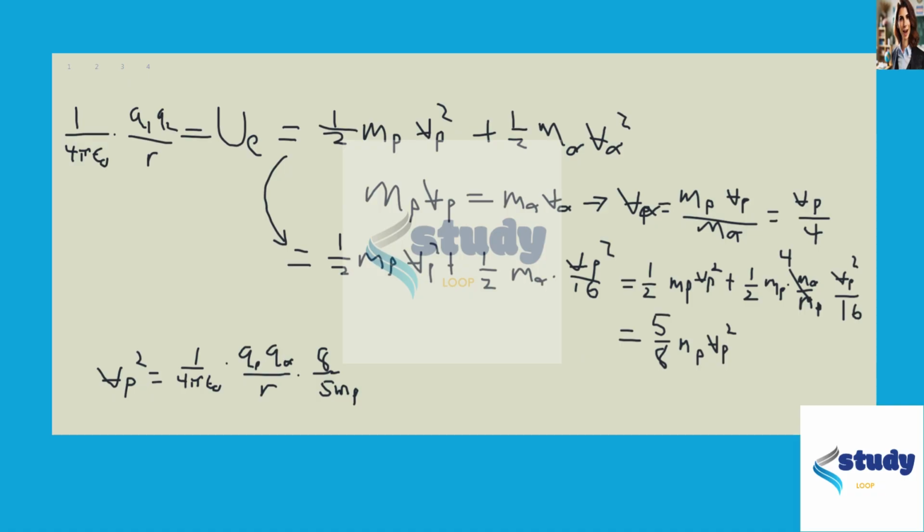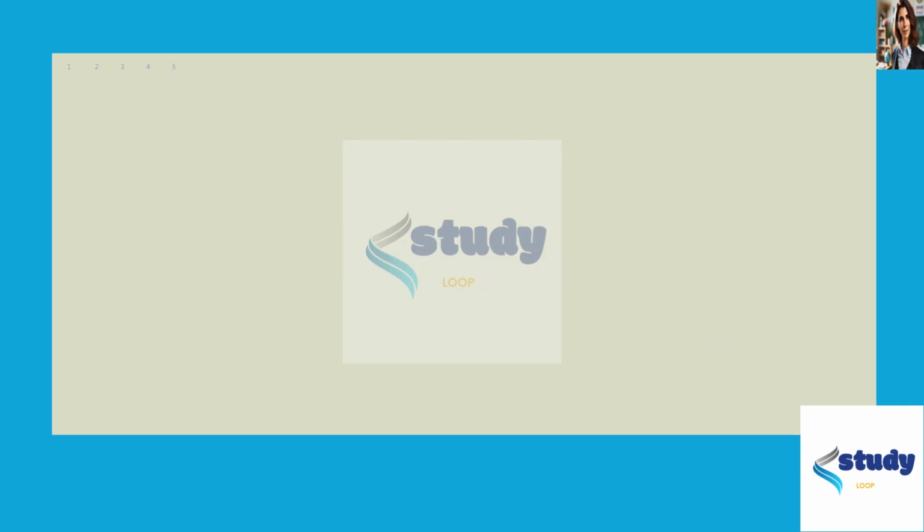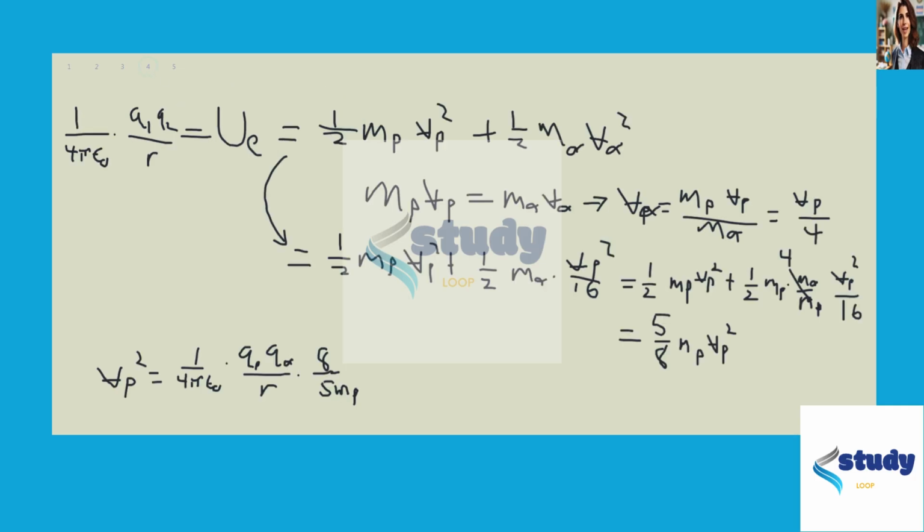Now all we need to do is plug in numbers. I'm going to go on to another slide to do that. So Vp equals square root, some of that went off the screen, 1/4 pi epsilon naught times, again, our product of the charges.